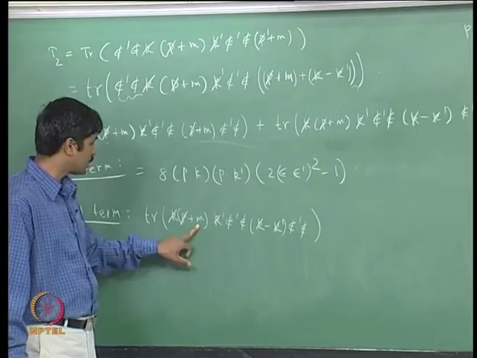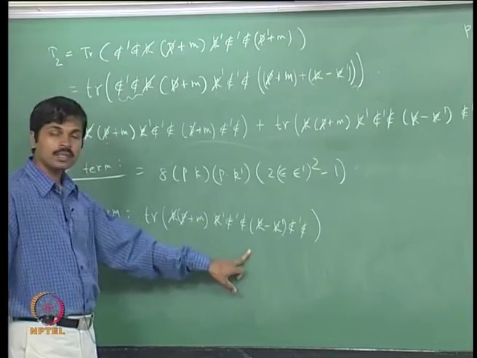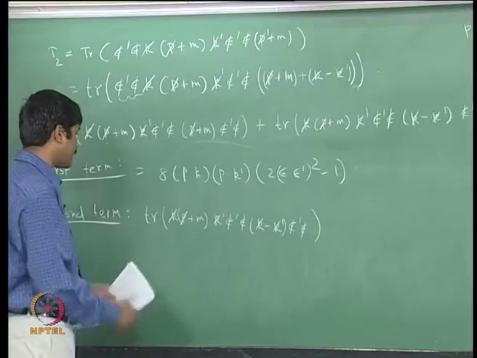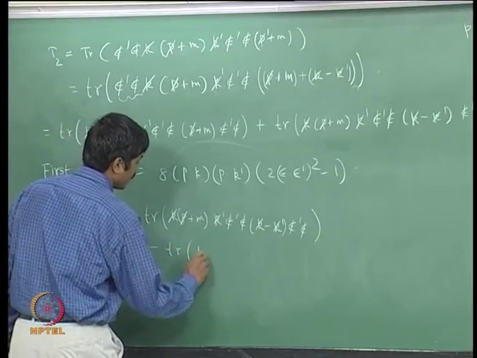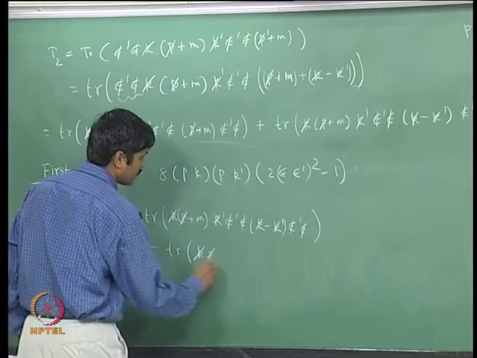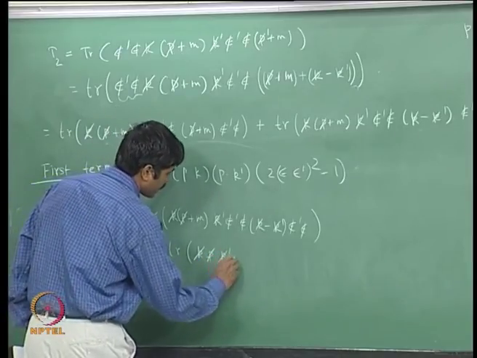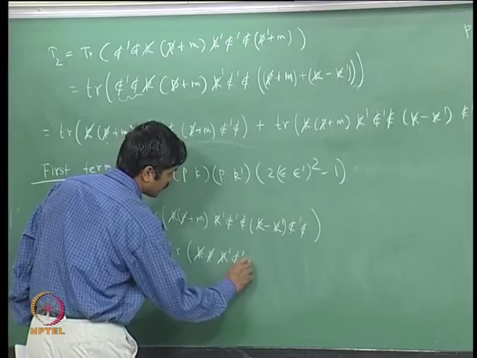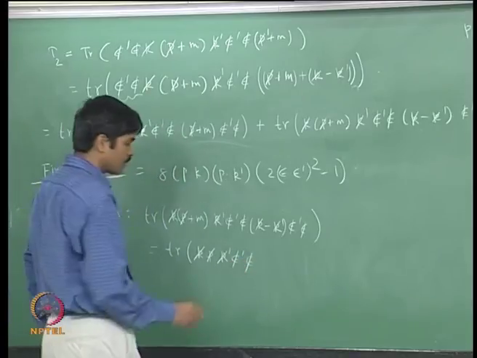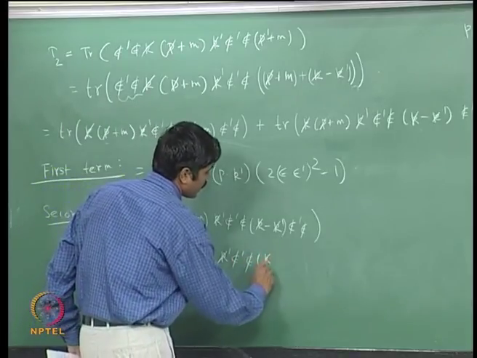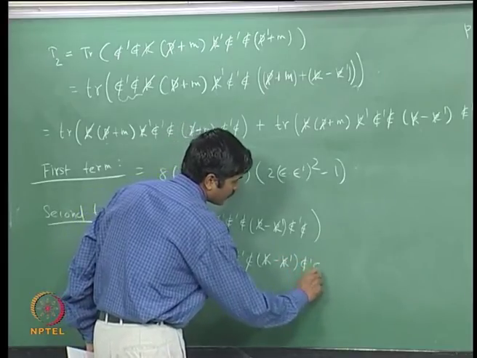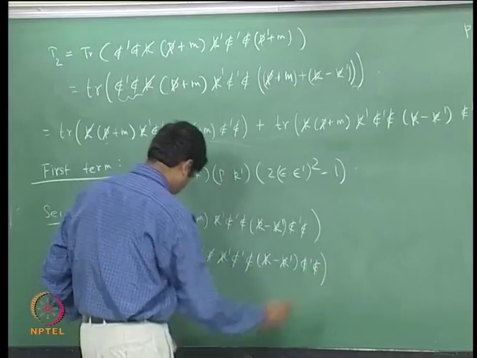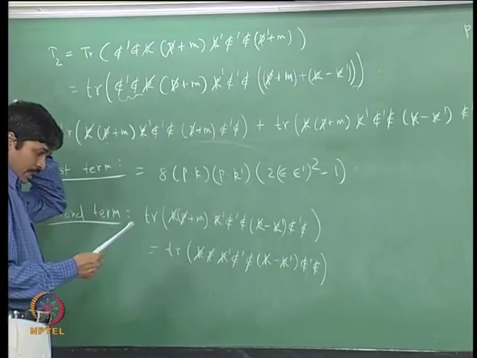So, the term which is linear in m will simply vanish. Therefore, this is trace k slash p slash k prime slash epsilon prime slash epsilon slash k slash minus k prime slash epsilon prime slash epsilon slash.